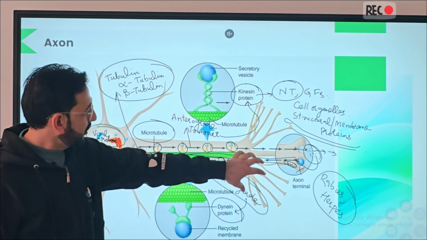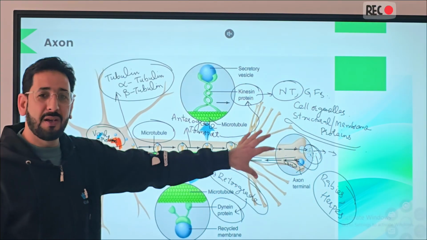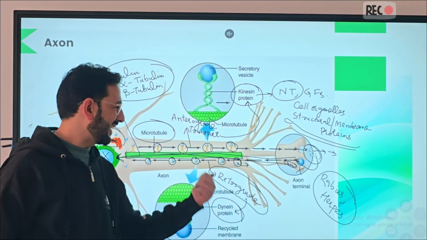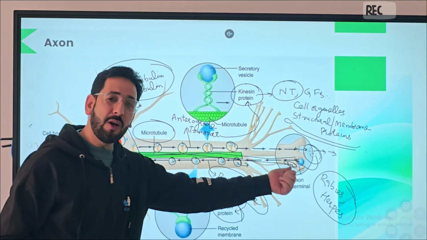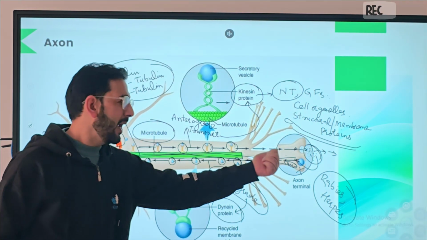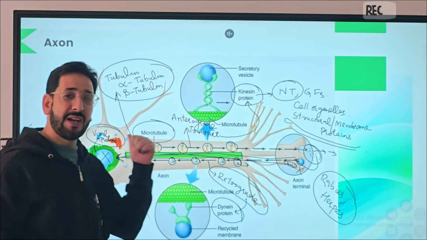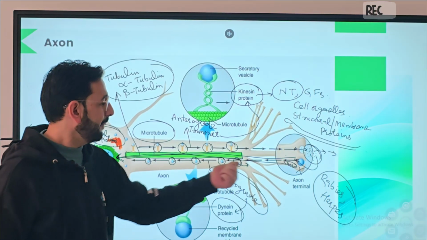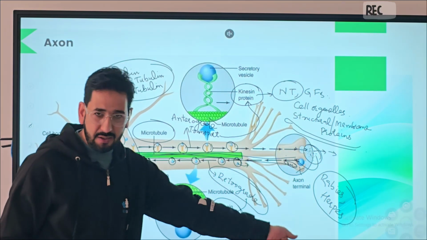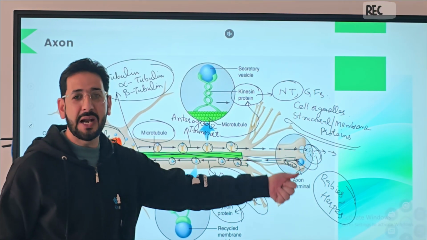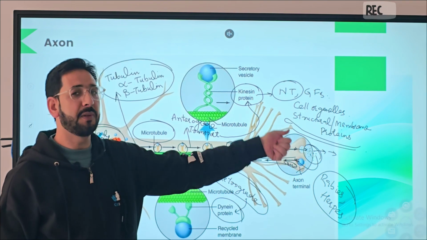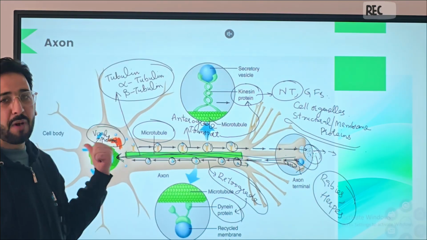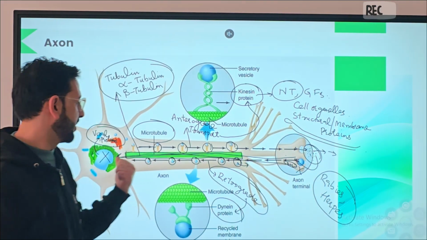And it can be retrograde transport from the axon terminal towards the cell body by means of dynein: the non-functional cell organelles, the neurotransmitters taken back for reprocessing and recycling, and any virus infecting the peripheral nervous system, for example rabies and herpes, which go towards the cell body by means of retrograde transport.